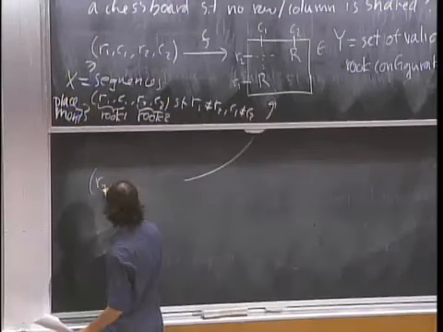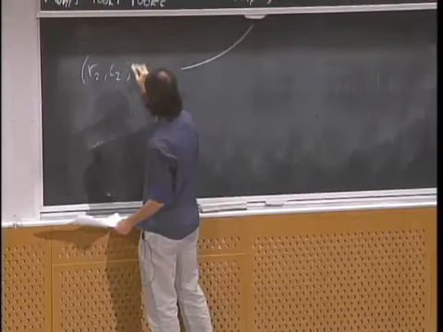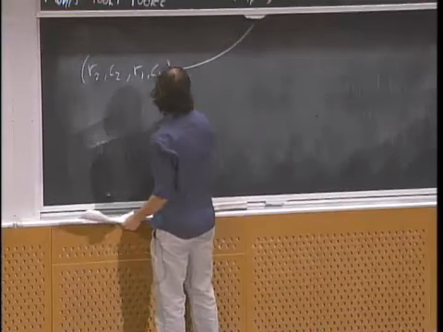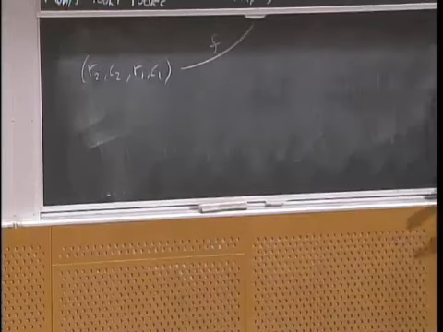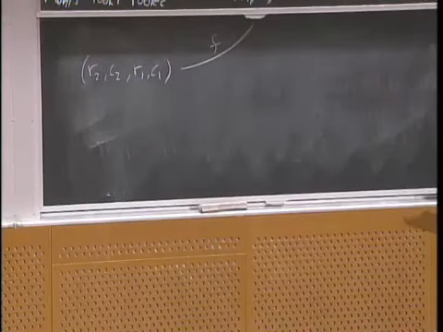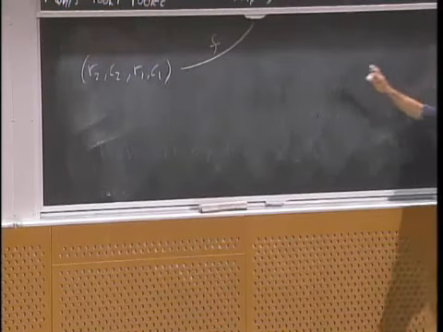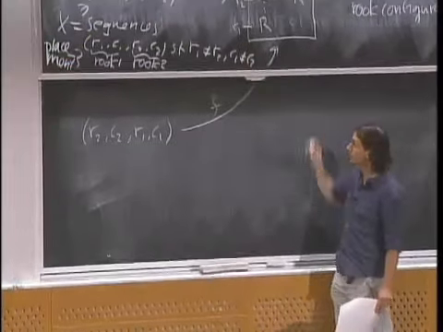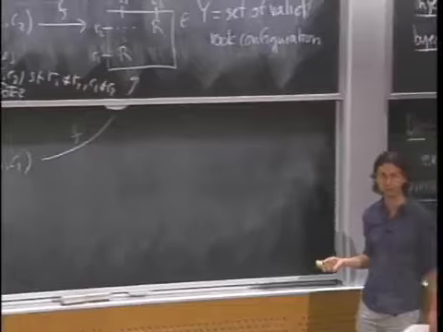We just swap the positions, so we have R2, C2, R1, and C1, which also maps under f to that same configuration. And those are exactly the two possibilities that map to this configuration. Every valid configuration is mapped to exactly 2 times.